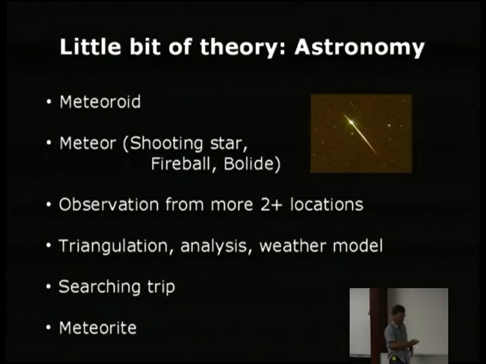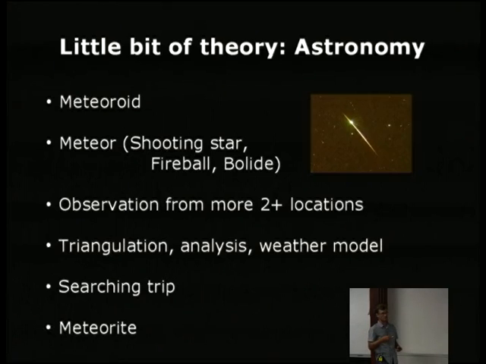That's what you see on this image. That's the luminous part of the flight. It has also some other names. Shooting star is a typical name for the faint, fast meteors. Fireball is a large one, and bolide is a very large one that can be visible even during the daytime.